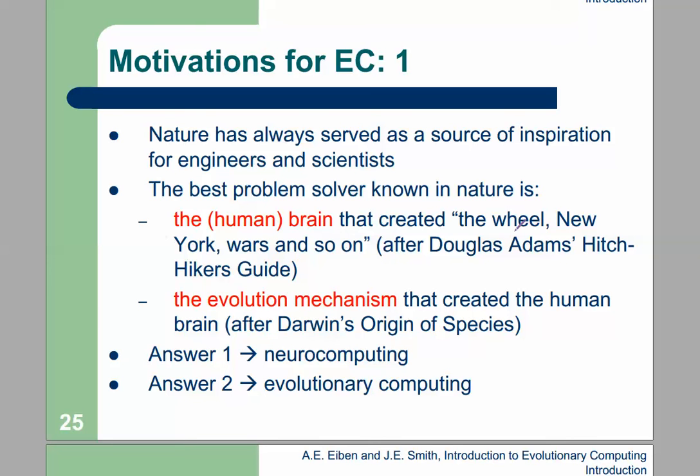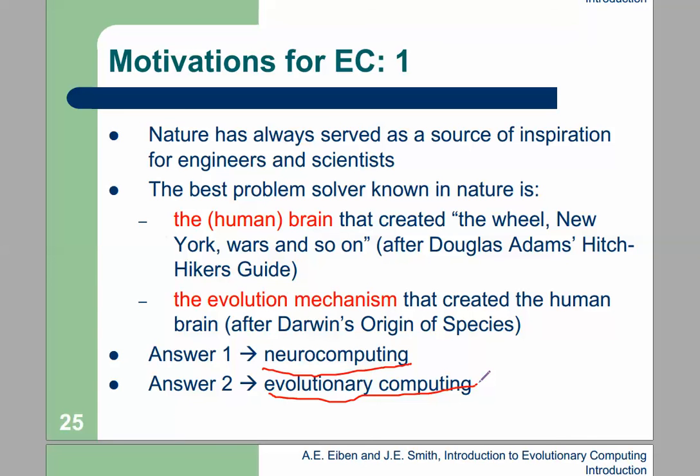As I say, we have a brain or some evolution mechanism that can improve the solution. In the computer, we have neurocomputing or neural networks and evolutionary computing.